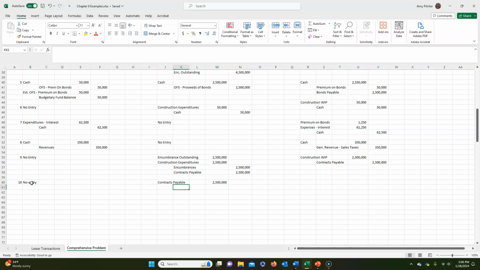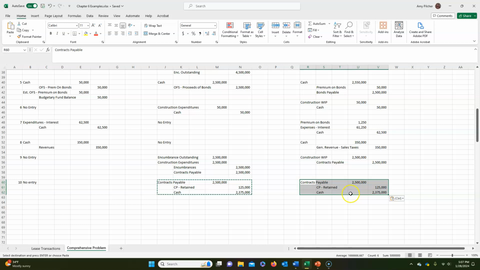Then we have the part that we have retained for construction billing, which is 5% of $2.5 million. And then we pay cash for the remainder of $2,375,000. Then in the governmental activities, we have the exact same entry. So there are absolutely no differences to that entry in the governmental activities.